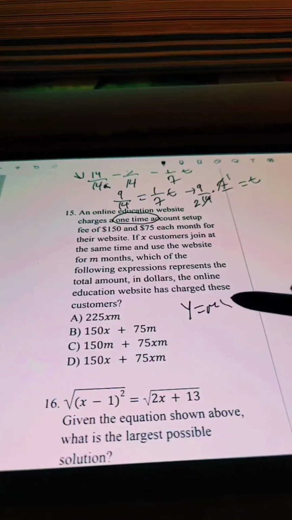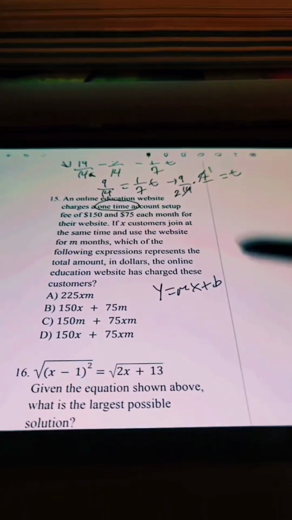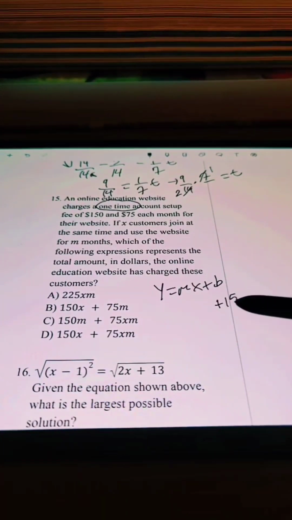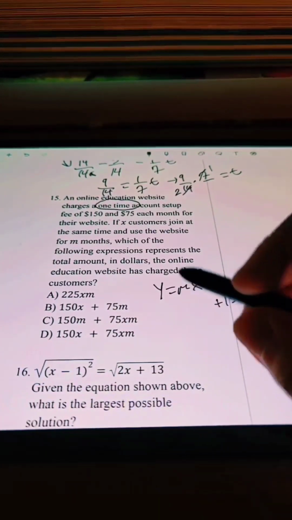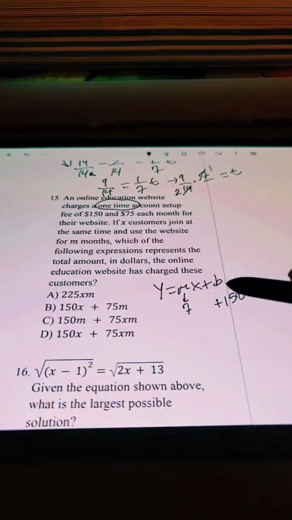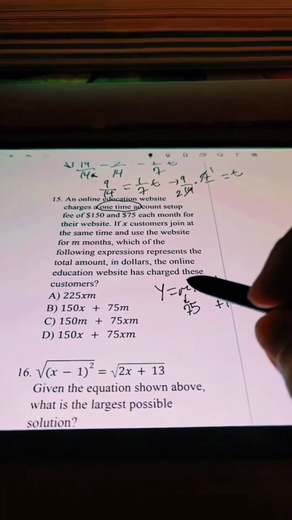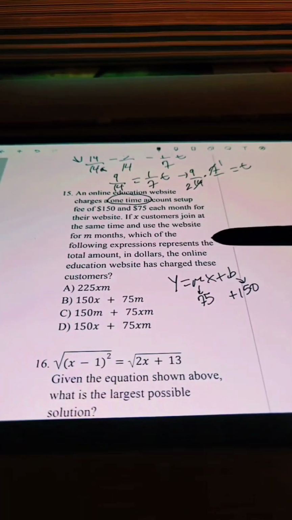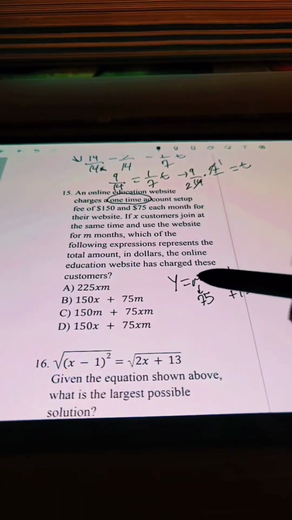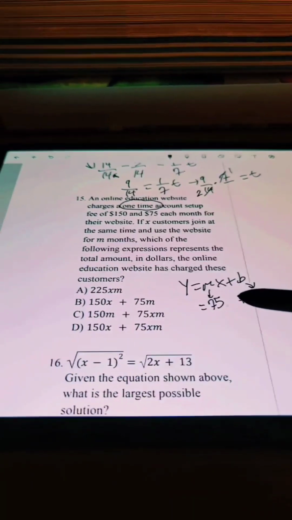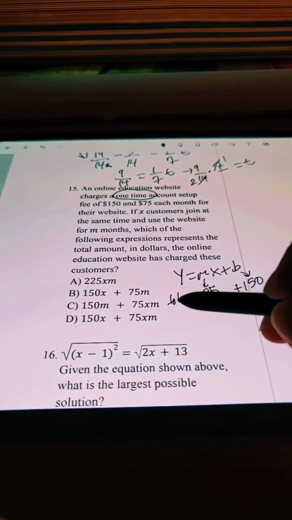So if we're thinking in y equals mx plus b format, b is 150, and then the 75 is replacing your m. And then we want it to represent the total amount in dollars that they're paying. So this is going to be all equal to the total money that they're paying.